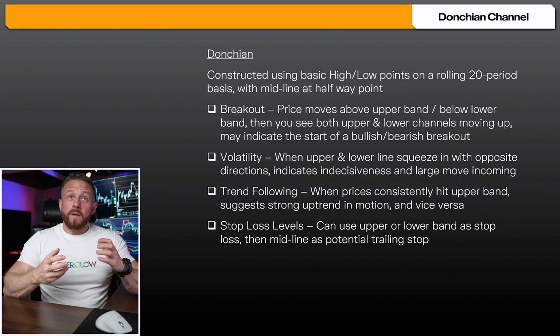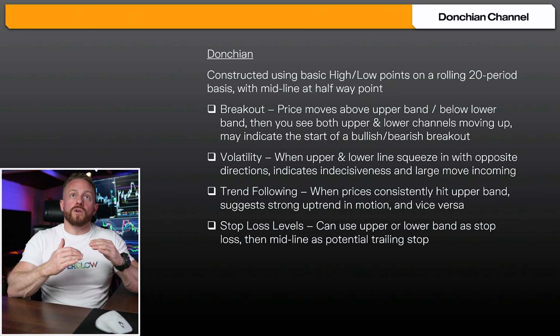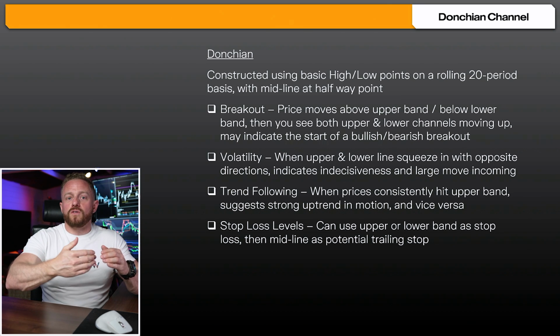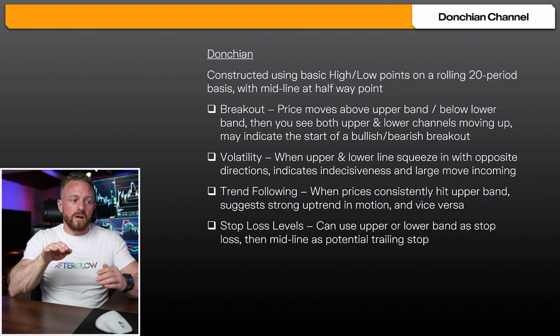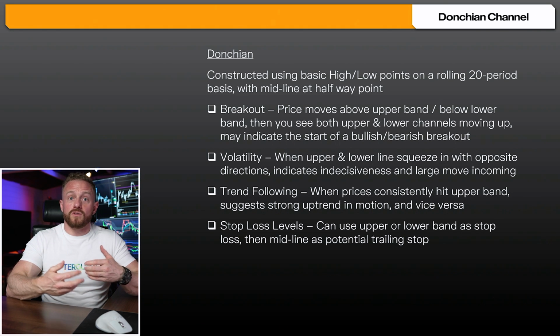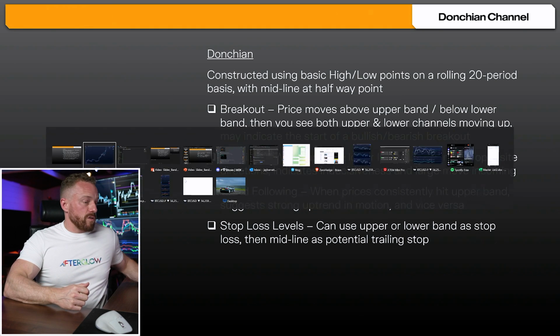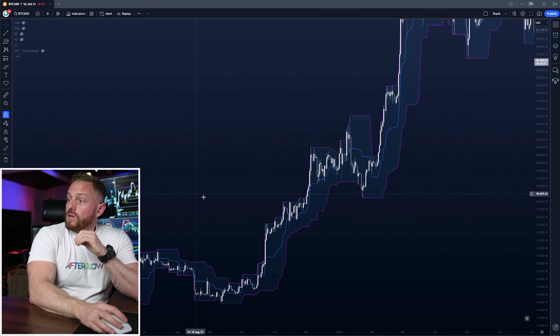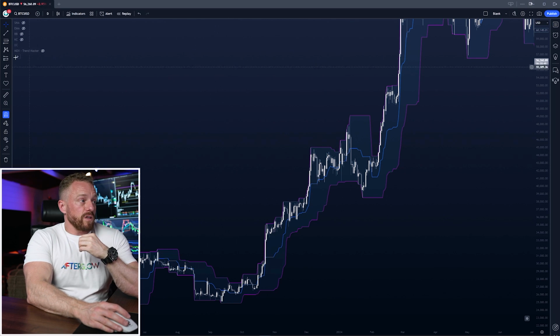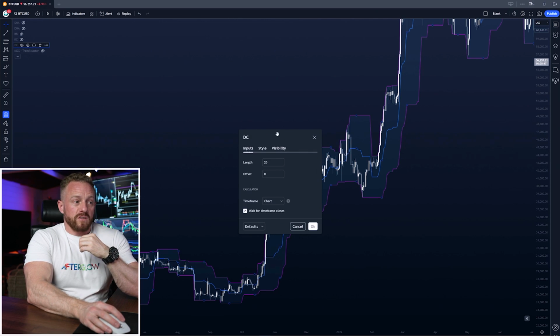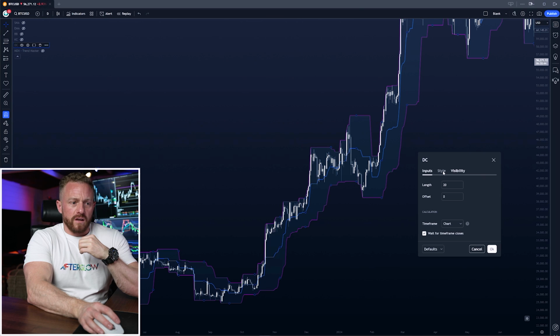And lastly, because the Donchians show that last 20-day horizontal line, we can use those levels as a good point to set our stop loss. So looking on the chart, here is the Donchian basic indicator, which is very, very straightforward.